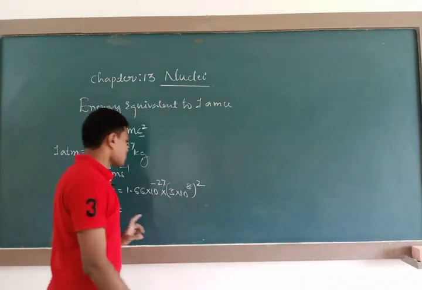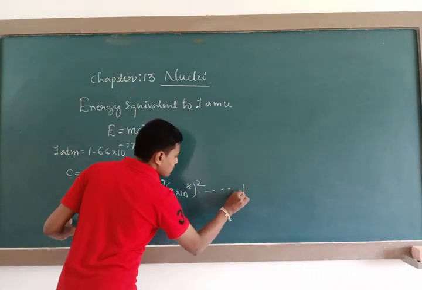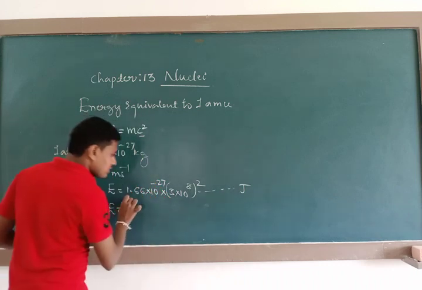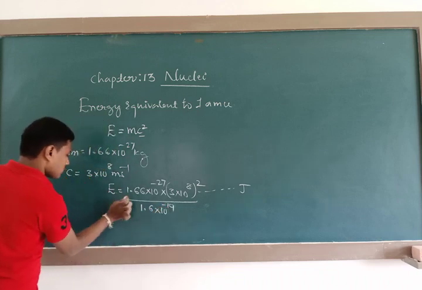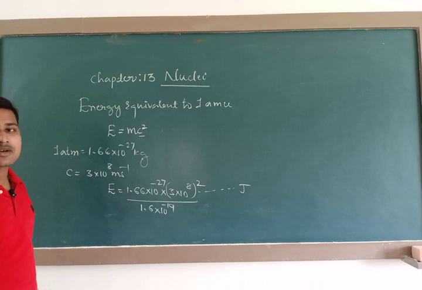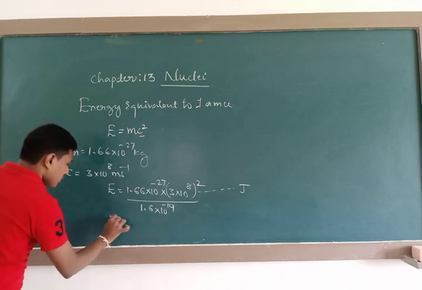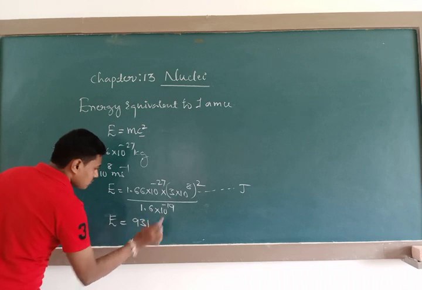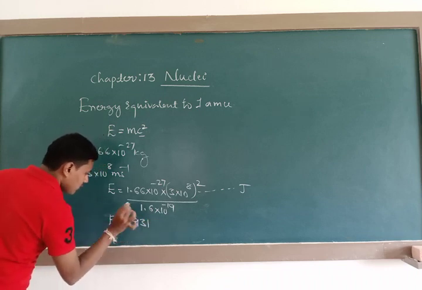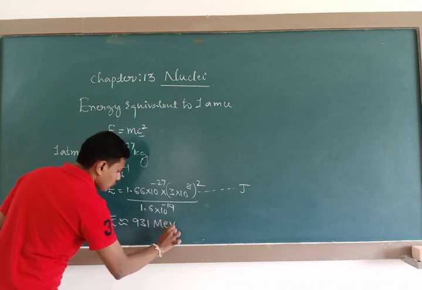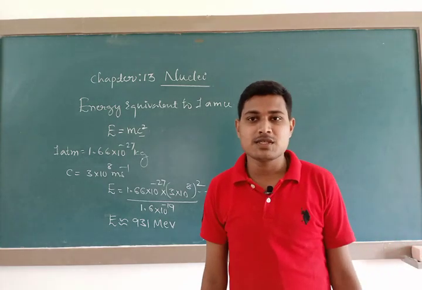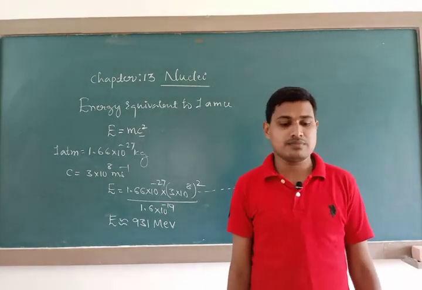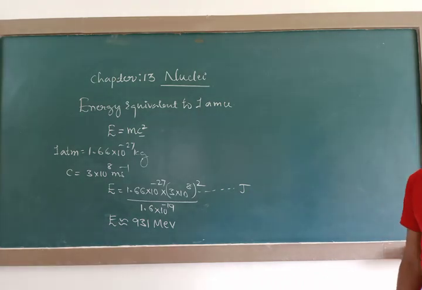Now if you divide this value by 1.6 into 10 raised to minus 19, because I want to express it in terms of electron volt, energy becomes nearly 931 million electron volt or mega electron volt. 10 to the power of 6 is read as mega or million. That is 931 million electron volt.